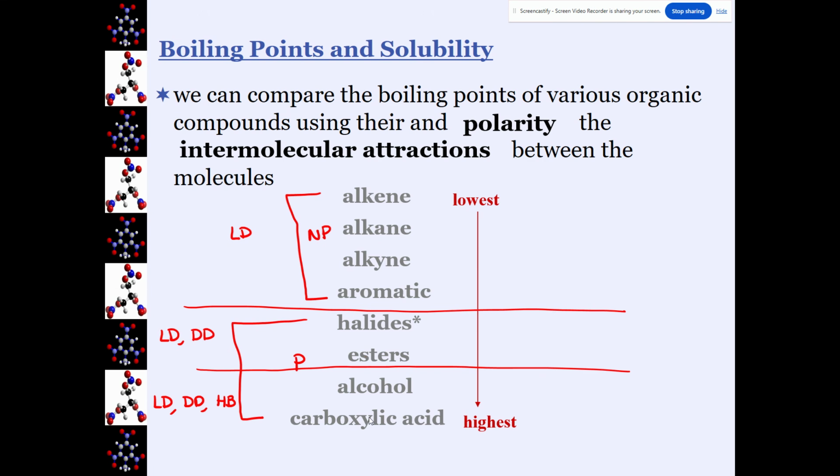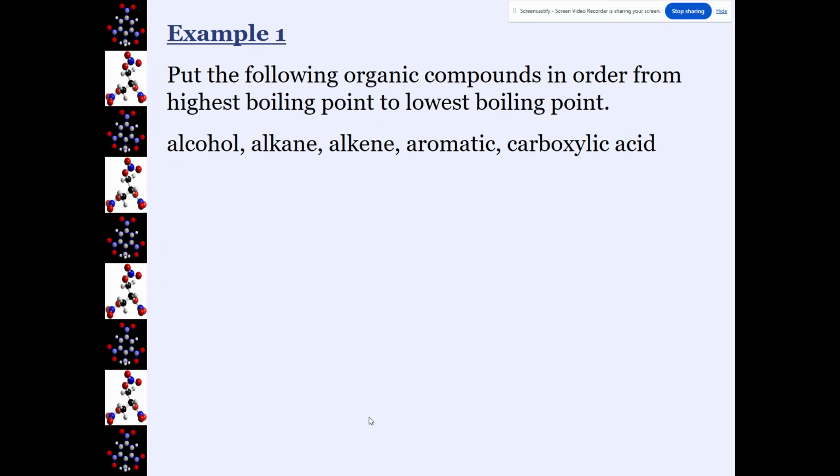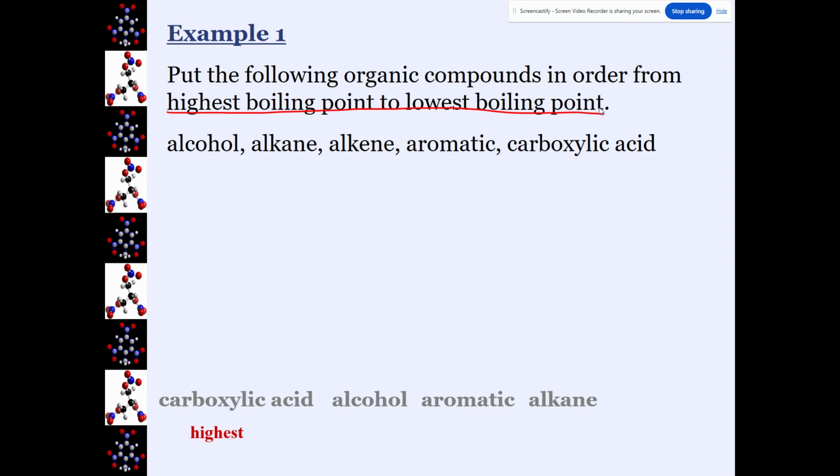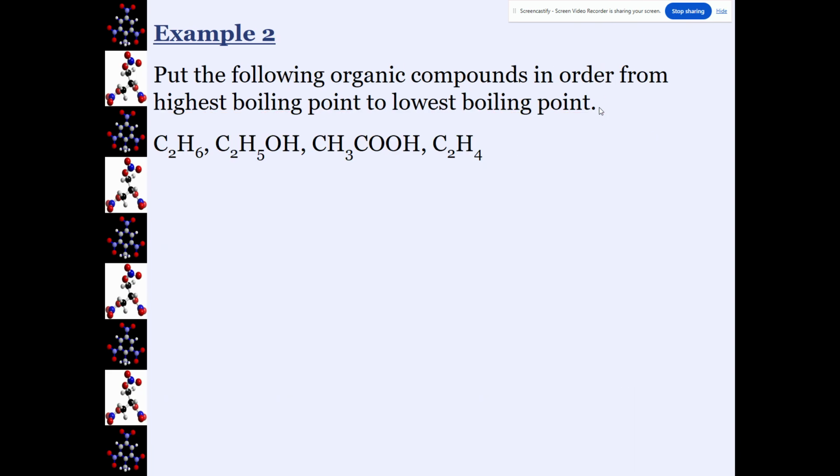Now, let's say I'm just testing you on this, and you're just ordering the following groups from highest to lowest. Okay, so my acid would be first, then my alcohol, then my aromatic, then the alkane, and finally the alkene would be the lowest. That's not usually the most common question you're going to have, though. You're usually going to be given molecules to put in order.